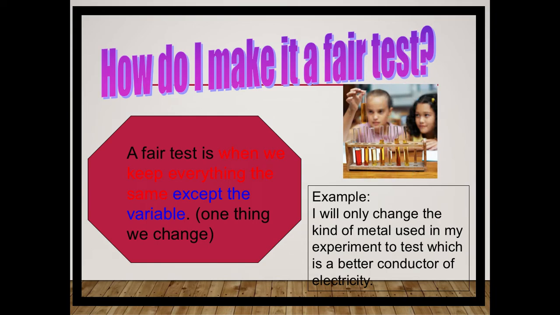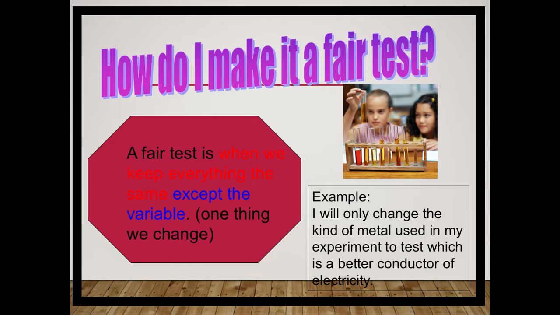How do I know it's a fair test? Well, a fair test is when you keep everything the same except the variable. So the one thing that you change is possibly, again, the object. If you're giving your plants water and soda, you're giving the exact same amount. You have your plants in the exact same spot, but the only thing you're changing is what liquid you are giving those plants, right?